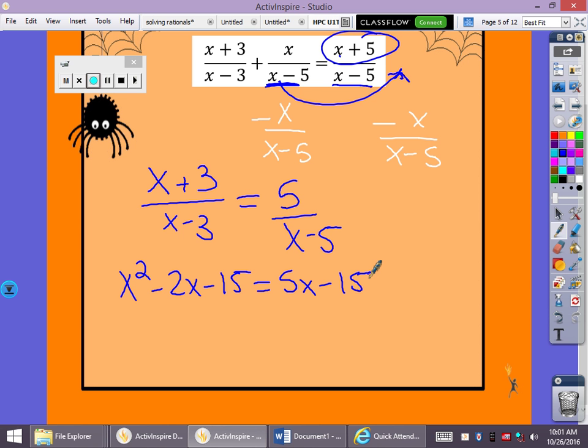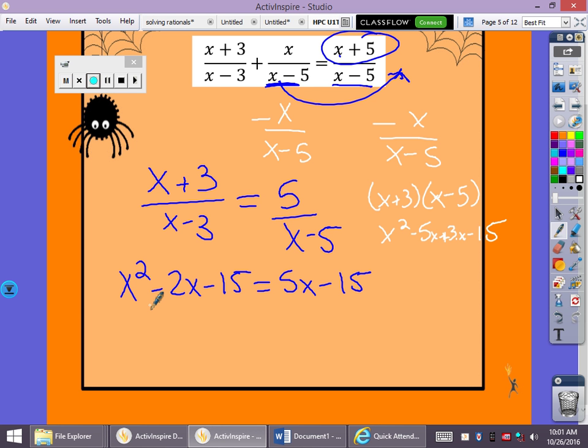For those of you who don't know how I got this side, I did x plus 3 times x minus 5. I used FOIL. You may have learned double distribute, however your algebra teacher taught you. So x squared minus 5x plus 3x minus 15. And the -5 and the 3 made -2.